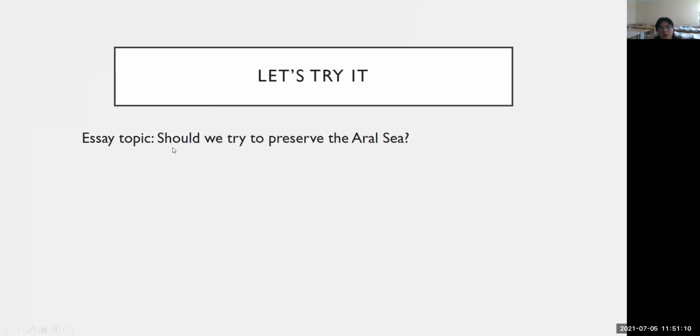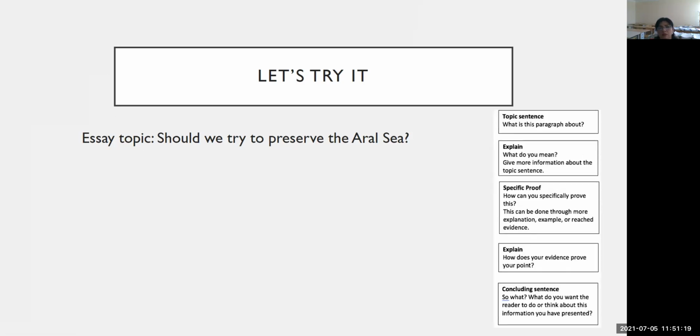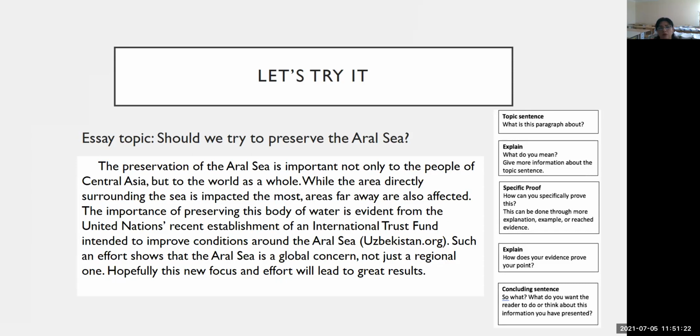Let's try the next example and divide it into parts: topic sentence, supporting sentences, details. So read the following paragraph and find the topic sentence, explanation, specific proof, again explanation of the specific proof, then concluding sentence. The preservation of the Aral Sea is important not only to the people of Central Asia, but to the world as a whole.